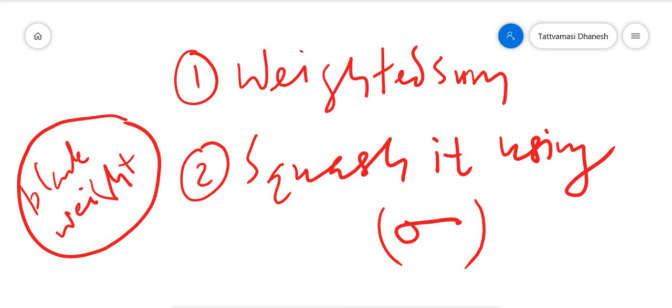Very important: two processes. It's not complex, it's the simplest thing. It will calculate the weighted sum, then squash it using your activation function. Activation functions are mathematical functions: sigmoid function, hyperbolic tan, ReLU, all these are activation functions.